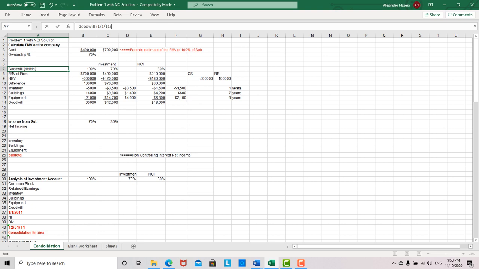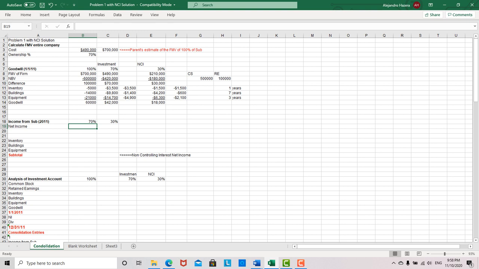That's the date of acquisition. You only do it once. Now we're into the year, and this is income from sub. Income is for the year 2011. And so we're going to start with the sub's income. We're going to multiply it times 70% and 30%, and then make our adjustments like we have been doing.